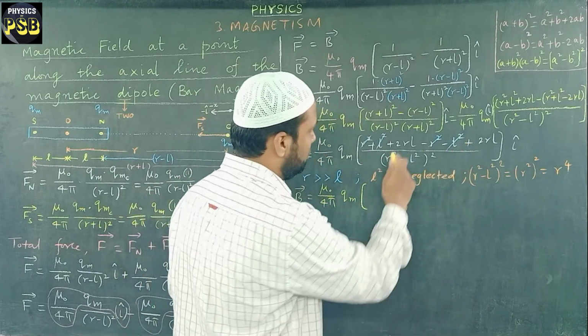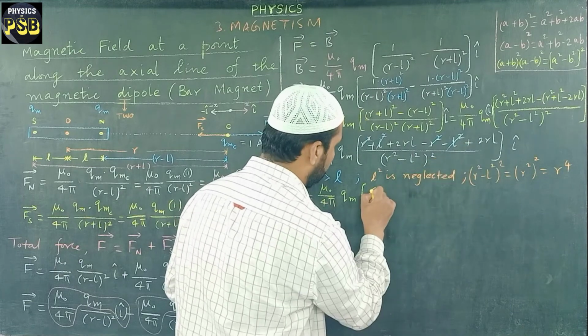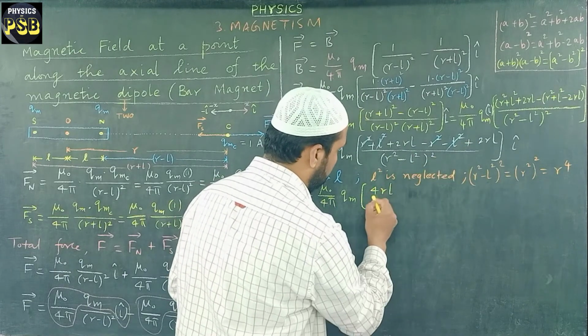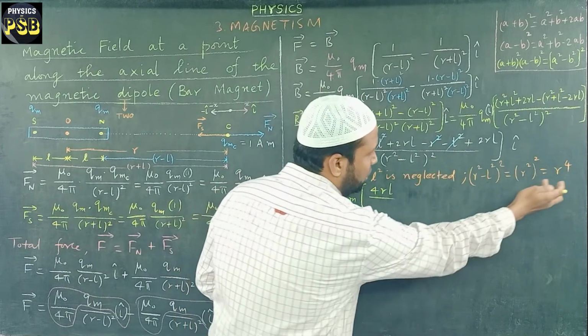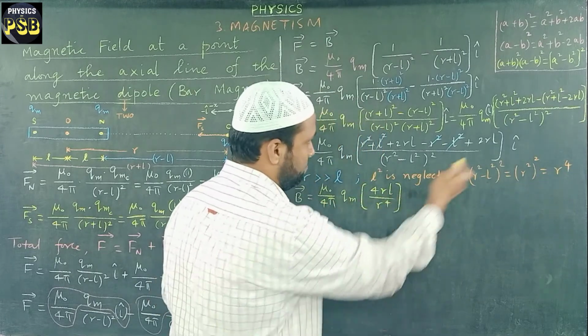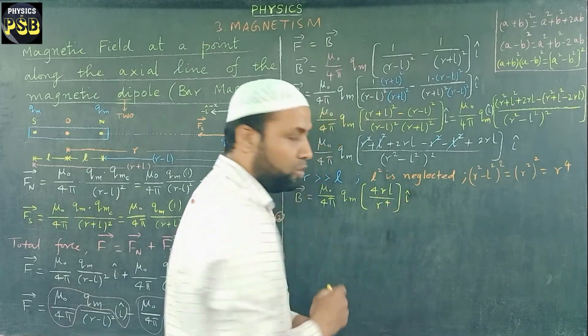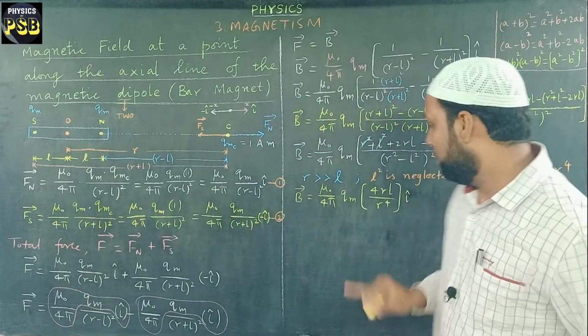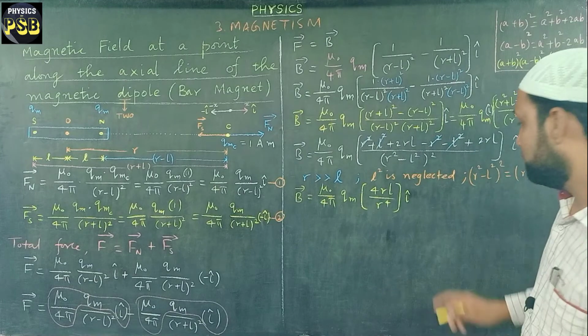What remains here is 2rl plus 2rl, which becomes 4rl, divided by r power 4, then i cap, which is the unit vector and provides the direction.